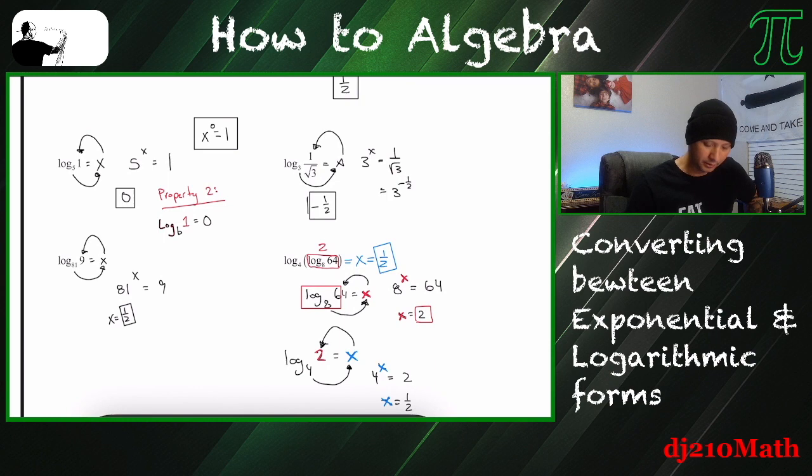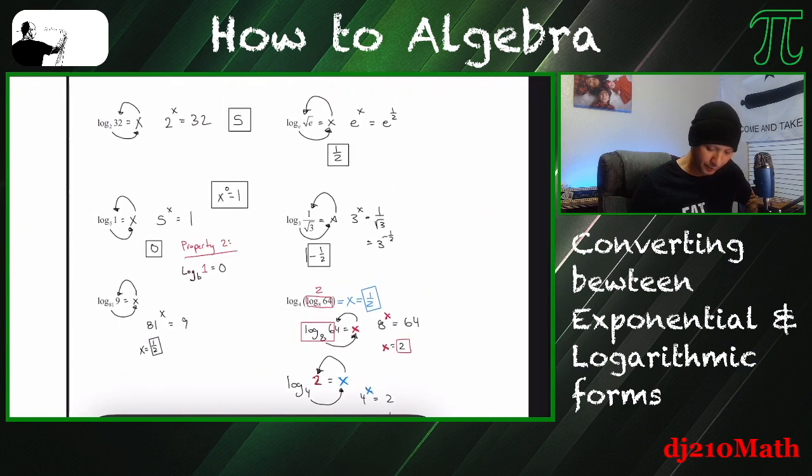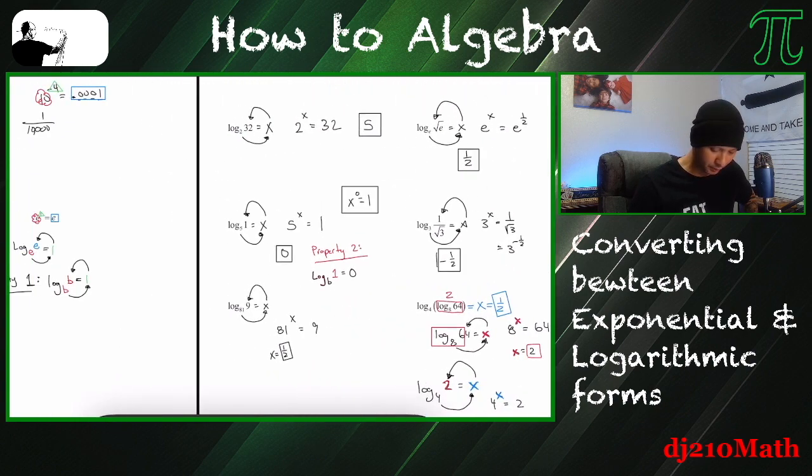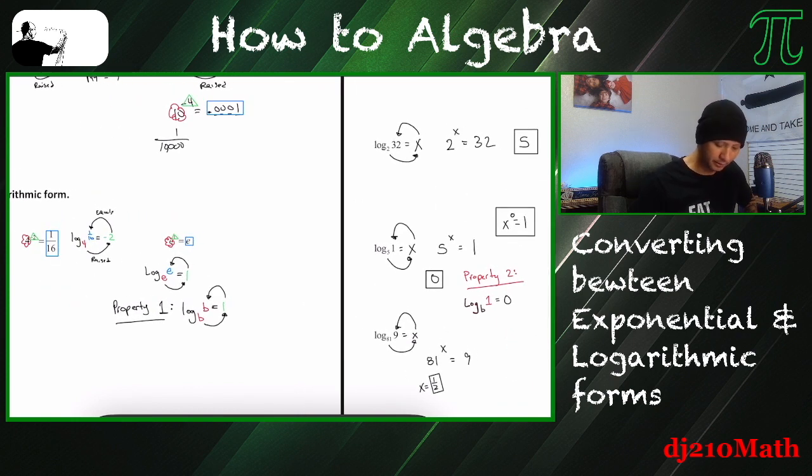So let's cover one more property that I didn't really mention. How many do we have? Two so far. It kind of goes in line with the sixth example from the beginning.